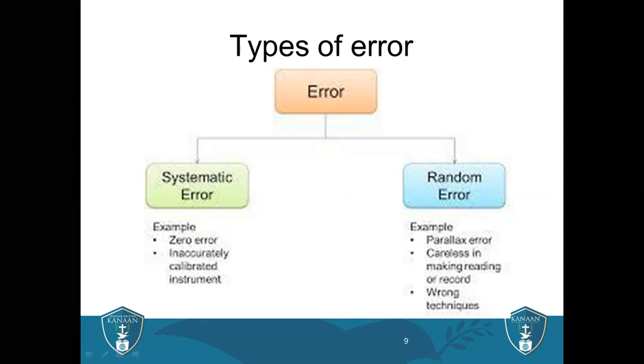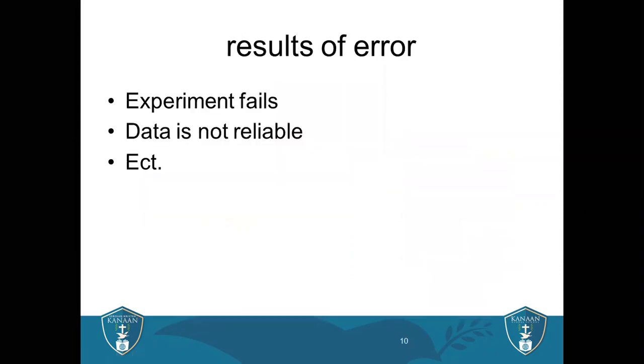Random error, in other cases, is parallax error, carelessness in making, reading, or recording, or wrong techniques. These are random errors because we cause them. It's random because we sometimes don't understand, and that's why it's called random. Results of error: experiments fail. Data is not reliable. For example, these are probably the results of random error.